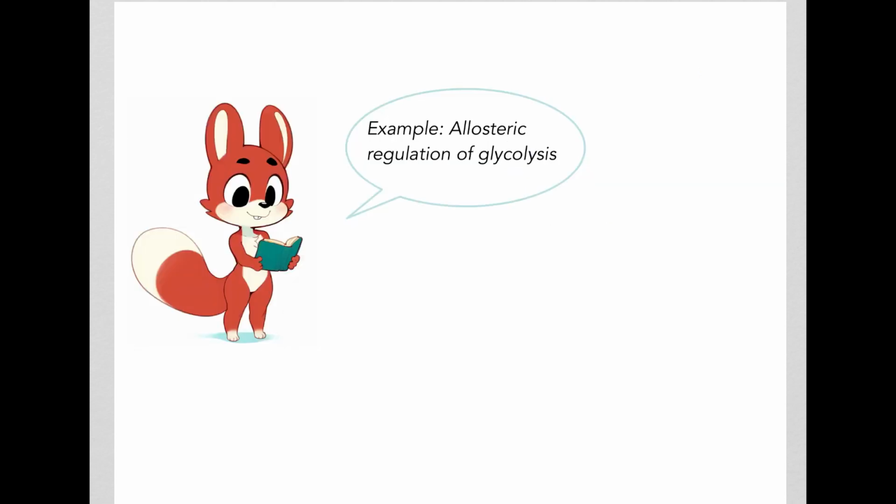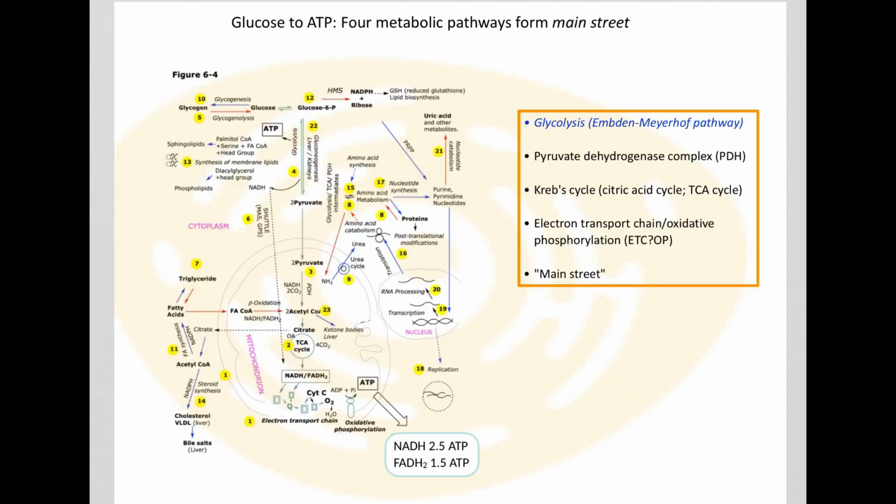Now let's look at a few examples, and we'll pick the metabolic pathway called glycolysis to explain allosteric regulation. Recall from the previous videos that in glycolysis, we are taking glucose and converting it into pyruvate. So we are making pyruvate, and this is the first part of what we call main street. Then the other parts were the pyruvate dehydrogenase complex, the Krebs cycle, and the electron transport chain coupled to oxidative phosphorylation, and all these parts we call the main street.